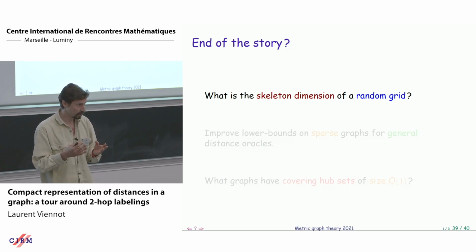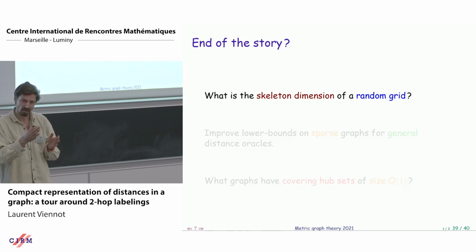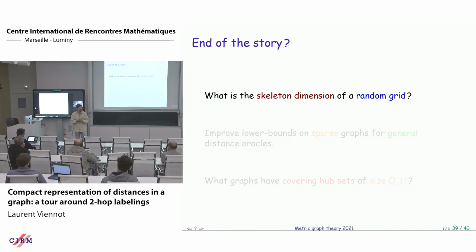So another open question: could you build practical hub sets with this kind of property, that the common hub is at a distance proportional to the distance between the nodes you are connecting?